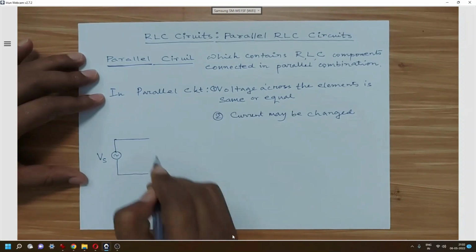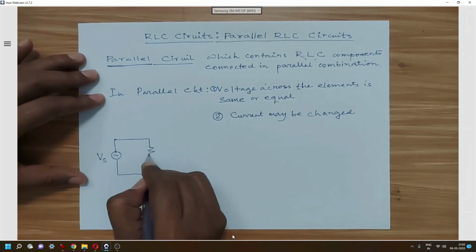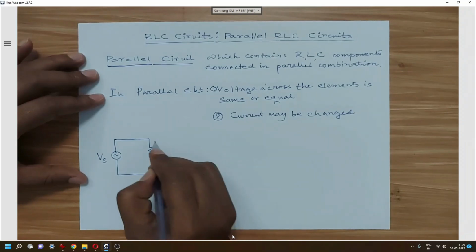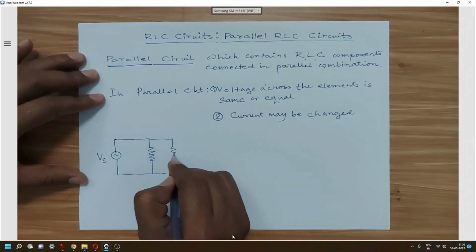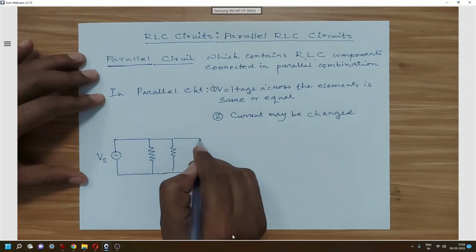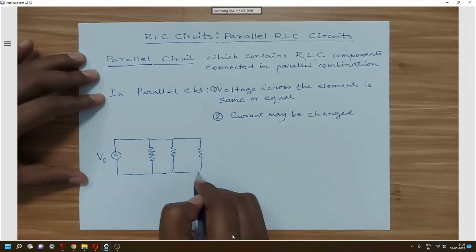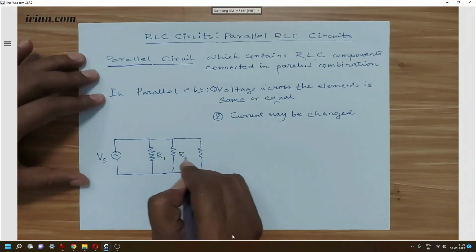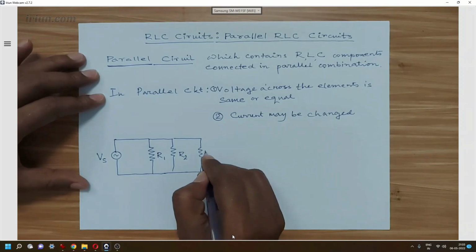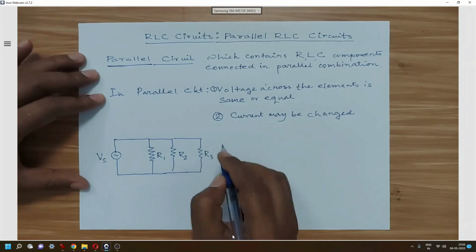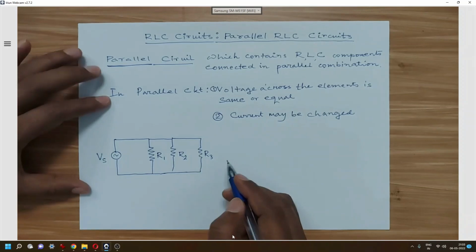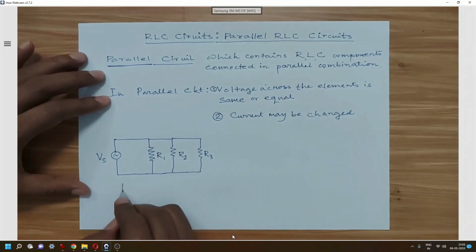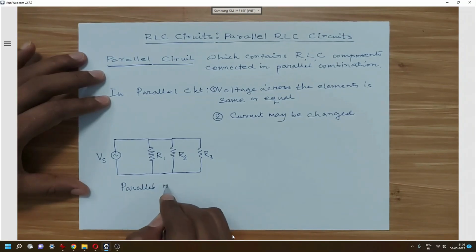So now if we take one example of parallel resistive circuit containing 3 different resistors connected in parallel, so we will get this type of circuit, and we can name it, that is R1 first resistance, second resistor is denoted by R2, and third resistor is denoted by R3, and there may be some other resistors also. So this is parallel resistive circuit.